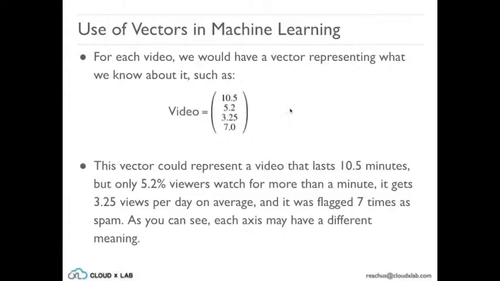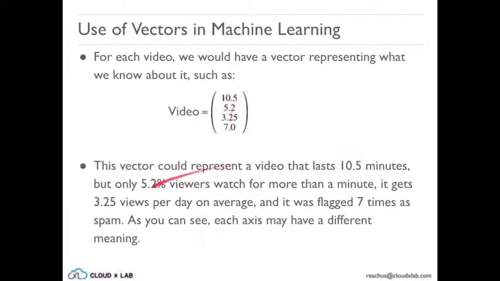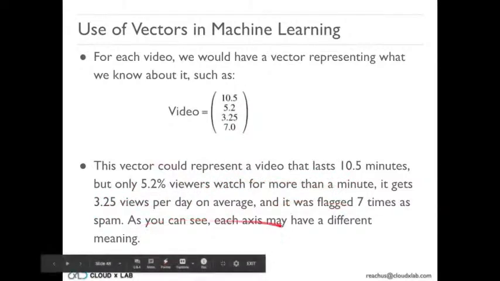So there are other ways you can represent this. This is another way of representing video information. For example, this is a representation saying that this video lasts for 10.5 minutes. It has 5.2% viewers who watched for more than a minute, it gets 3.2 views per day on average, and it was flagged 7 times as spam.